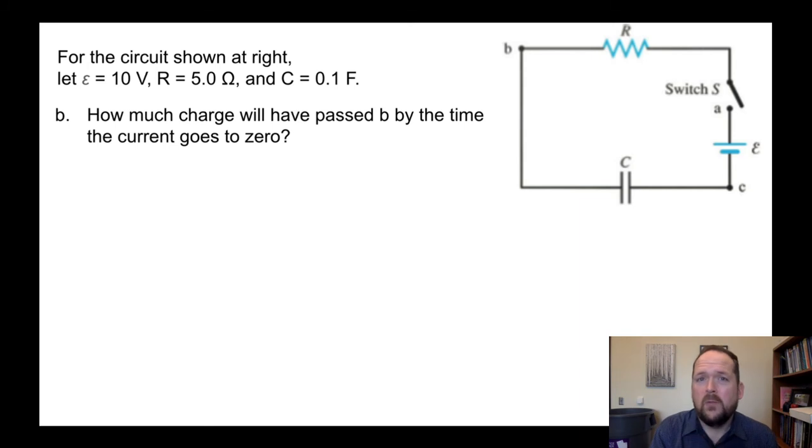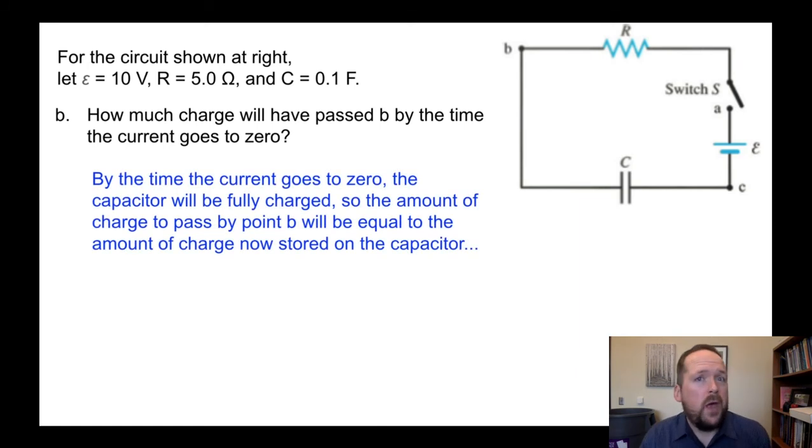If you were going to analyze point B, that is true, but one thing to keep in mind is that every charge that passes point B has to end up on the capacitor when the capacitor is fully charged. So if I solve for how much charge the capacitor holds when it's fully charged, then I know how much charge flowed past point B. The capacitor is going to hold an amount of charge that can be figured out by the capacitance definition.